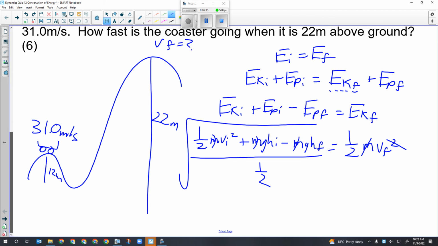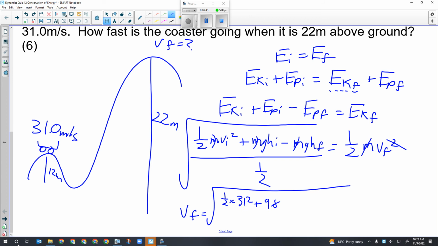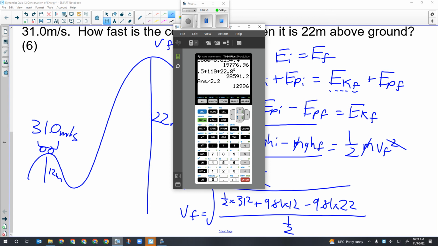Once we have that, if we plug in our numbers, we should have 1/2 times 31 squared plus 9.81 times 12 minus 9.81 times 22, divided by 1/2, all square rooted.